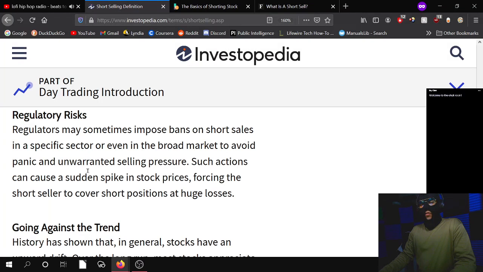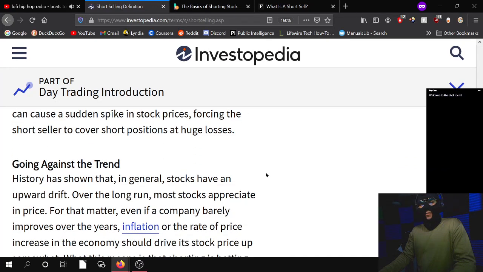To avoid panic or unwanted selling pressure, it sort of can create more of it, depending on how you handle it, especially with how many people you actually offend.